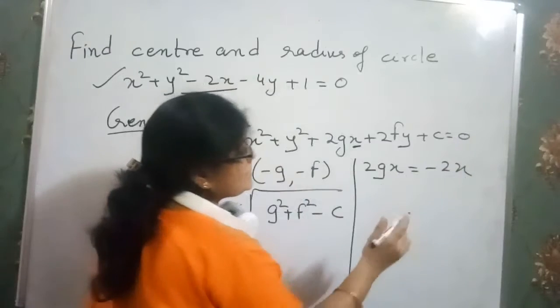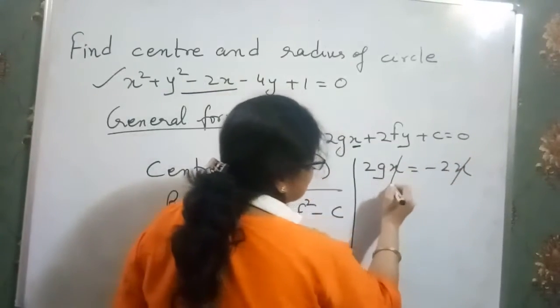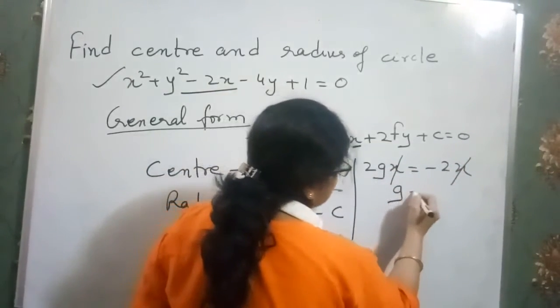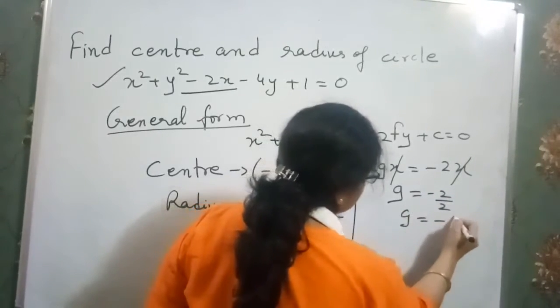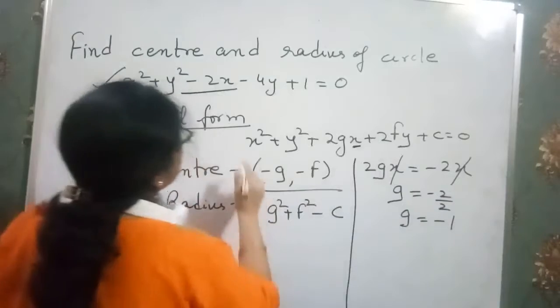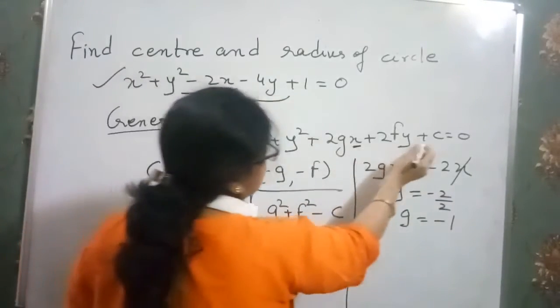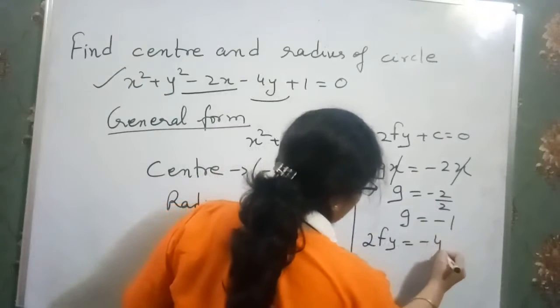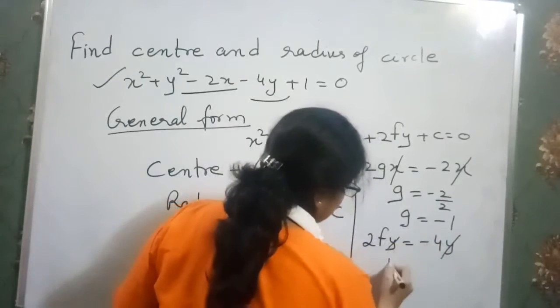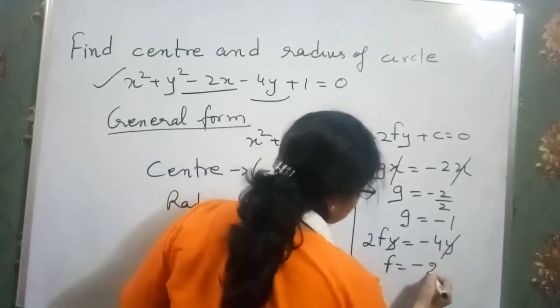I am doing it in a very simple way. The x cancels, we have −2 over 2, that means the value of g is −1. Similarly, −4y plus 2fy: 2fy = −4y. The y cancels, the value of f is −2.